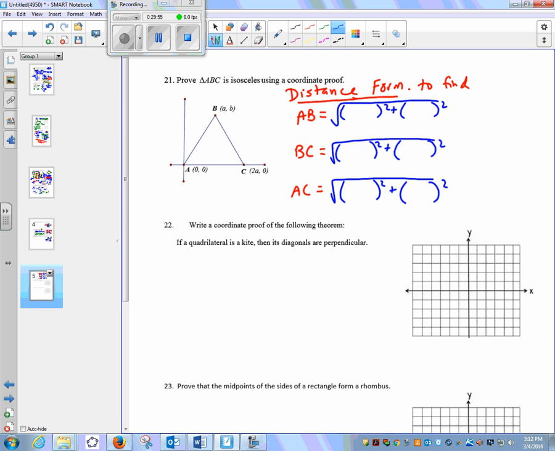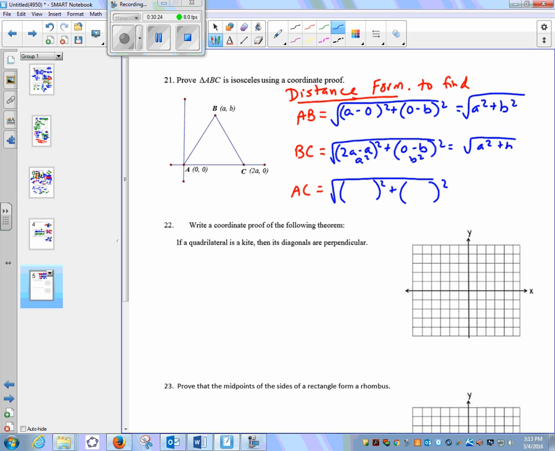Okay, so AB, I'm going to subtract the x's and square them, and subtract the y's and square them. I get a squared plus b squared. Can't simplify that, remember. BC, 2a minus a, plus 0 minus b. Again, I'm going to get a squared and b squared.